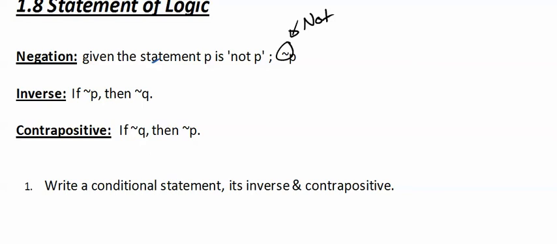The inverse of a statement is negating both the if and the then part of the statement. The contrapositive does two things here. Contrapositive switches the if and the then, like a converse, but it also negates both parts, like an inverse.